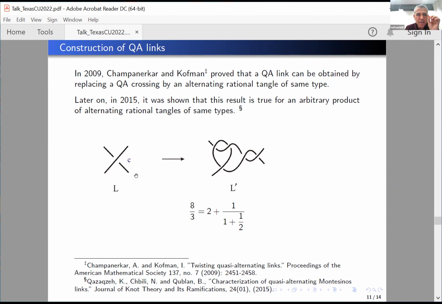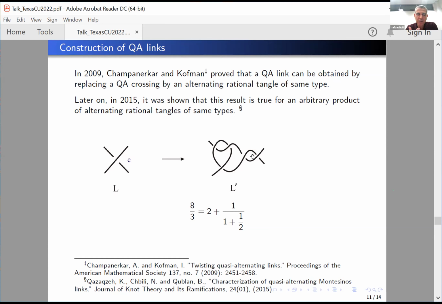Instead of C, you put an alternating rational tangle which extends C. So instead of this crossing, you can put a rational tangle. So you obtain new examples of quasi-alternating links like that.